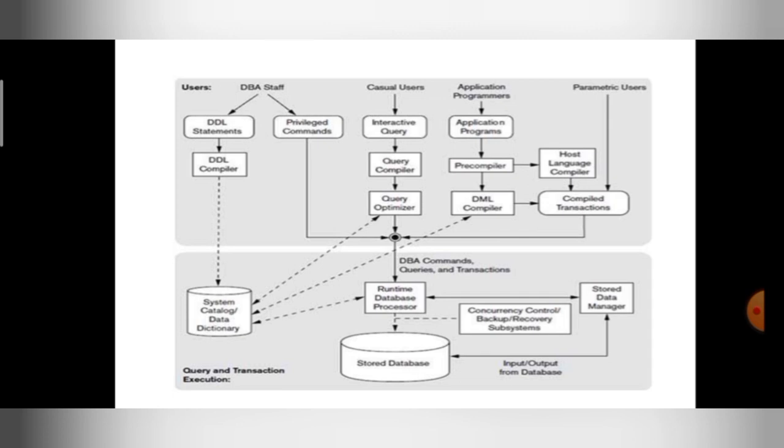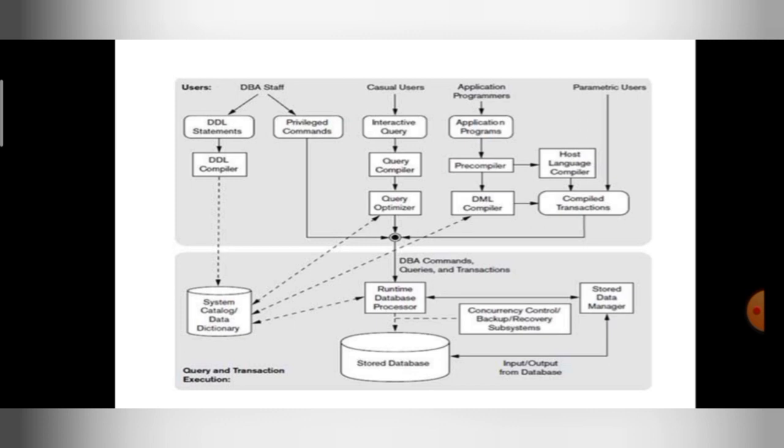DDL statements: create, truncate, alter. The DBA staff are mainly responsible for creating the contents, altering the contents. That's why they can use those types of statements, and privilege commands: grant permission, revoke permission, those types of commands.